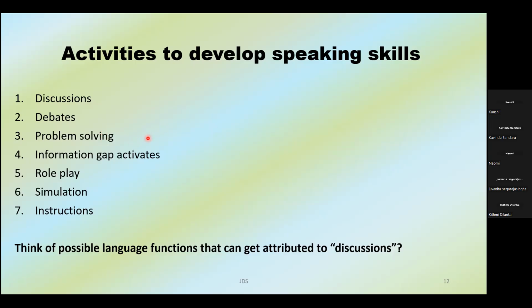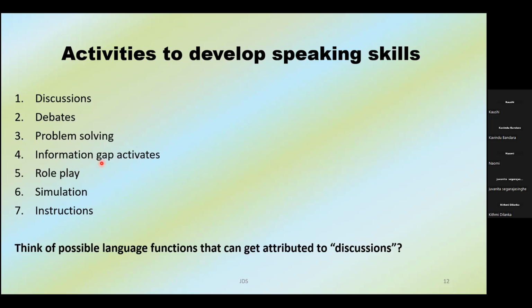So, discussing probable solutions. That is an example for problem solving. You can give different kinds of problems and ask them to come out with probable solutions, along with the reasons.